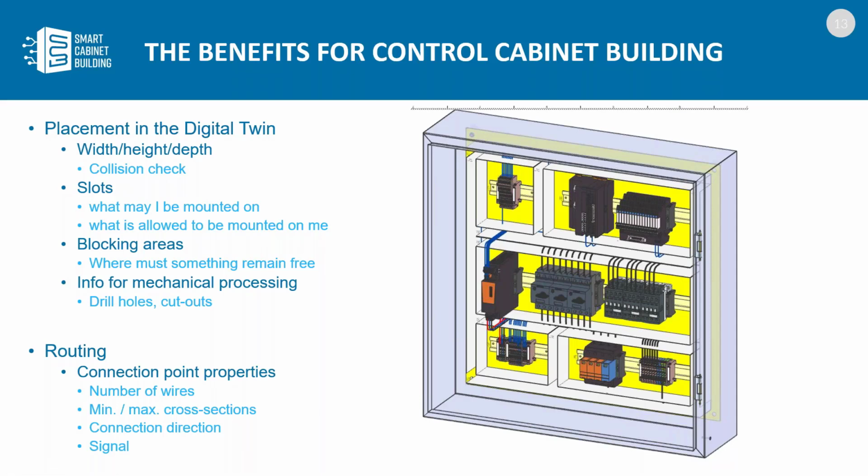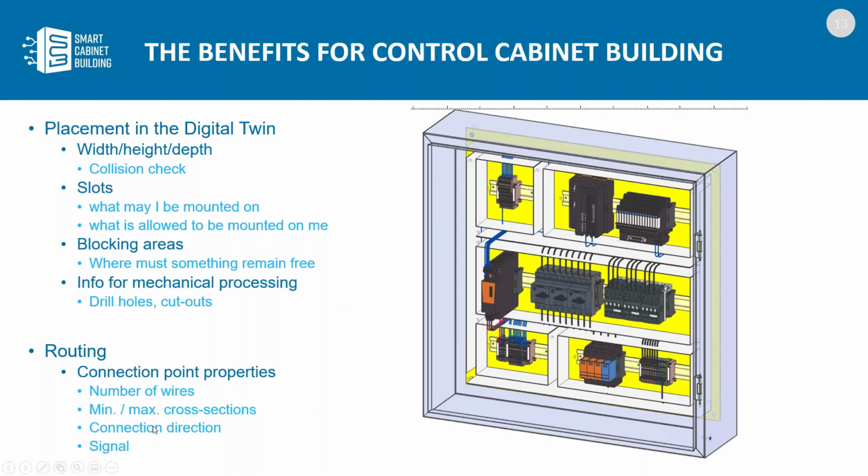Maybe if there is a direction predefined, and last but not least, but this is very optional, you can define a signal on this pin, so that maybe a plus is not connected with a minus.